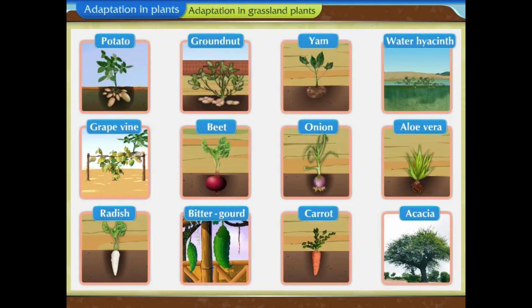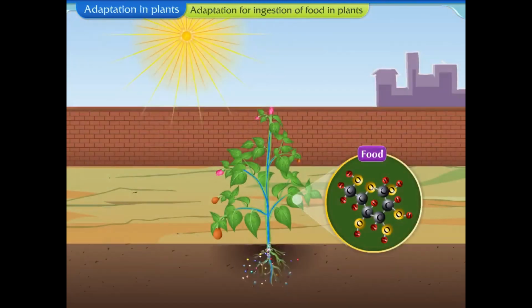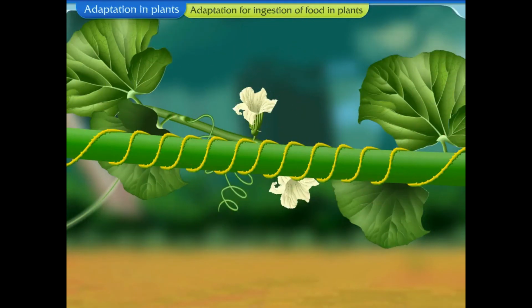After the study of adaptation in the parts of plants, now let us study the adaptation for ingestion of food in plants. Adaptation for ingestion of food in plants. Most of the plants anchored in the ground are autotrophic, but few plants like dodder or cuscuta are parasitic.